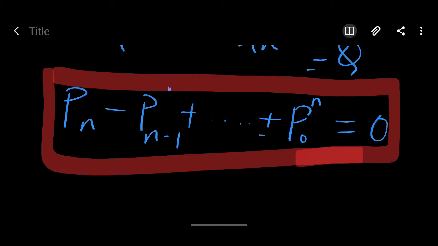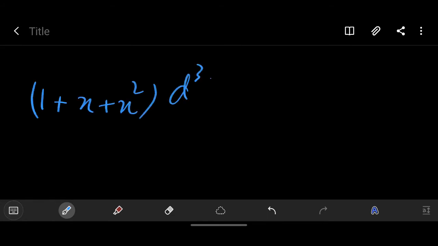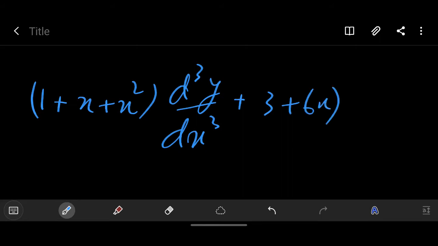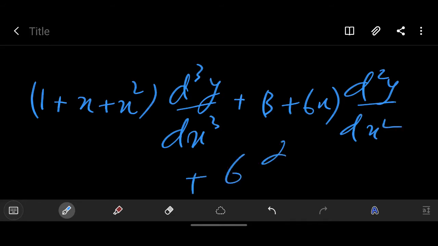So let's see an example here. Suppose the equation to be solved is (1 plus x squared) d 3y by dx3 plus (3 plus 6x) d square y by dx squared plus 6 dy by dx is 0.